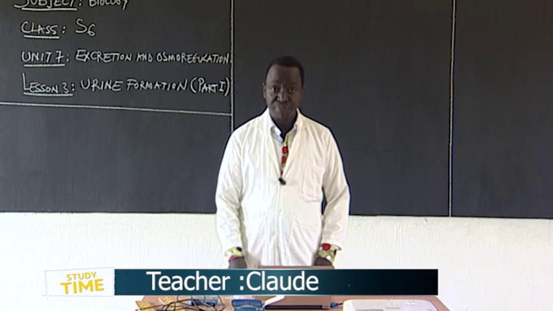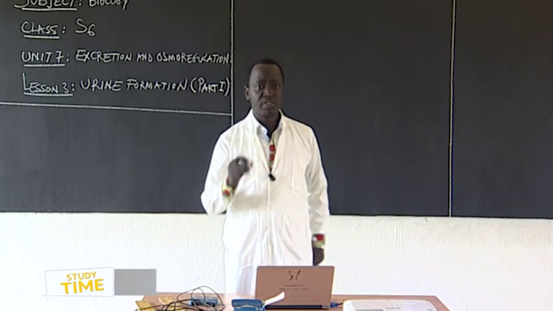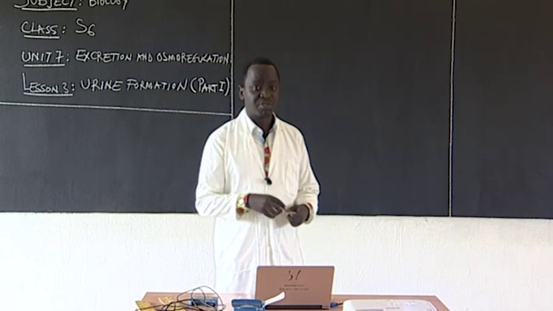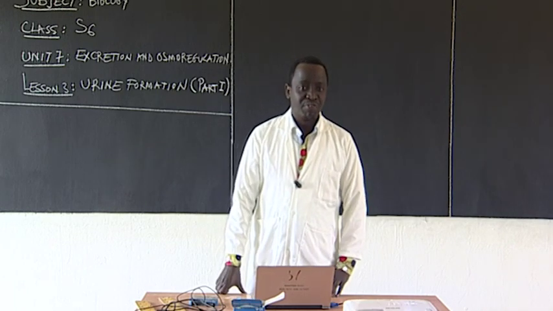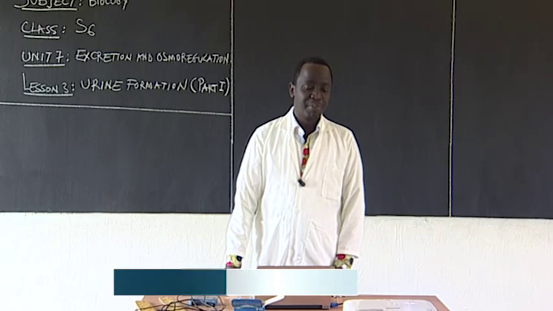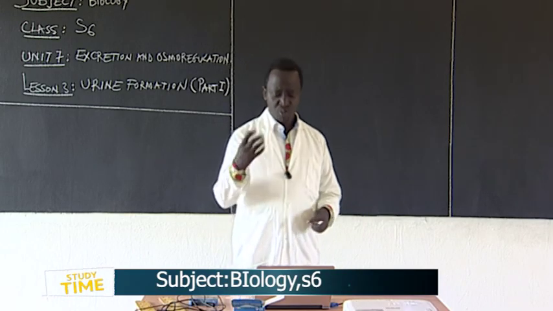When we talk about nephron, what do you understand about nephron? Because when we talk about urine formation, there is a part of the kidney that helps in that process. Actually, we have what we call nephron. What is nephron?